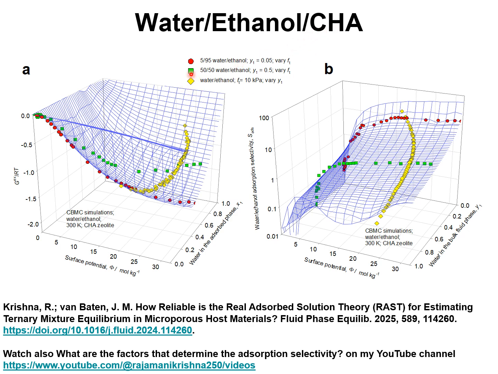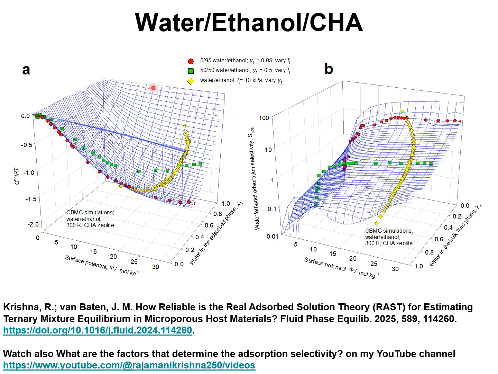The green squares represent water-ethanol mixtures in 50-50 proportions. The yellow diamonds are for water-ethanol mixtures in which the total fugacity in the bulk fluid phase is held constant at 10 kilopascal.